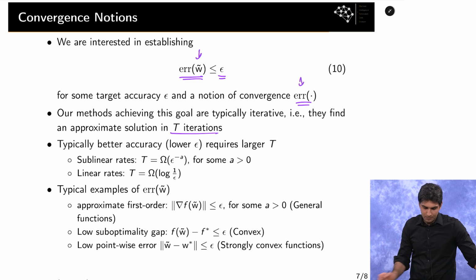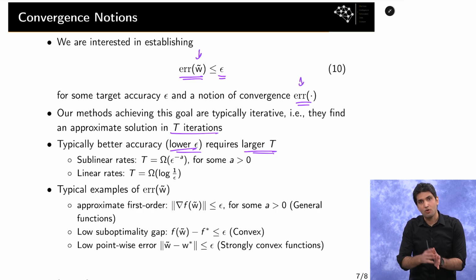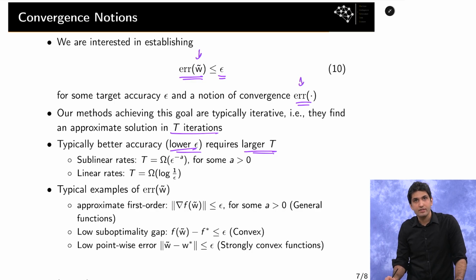Okay? Now, typically, better accuracy, meaning lower epsilon, requires you to run your algorithm for longer, for more iterations. Okay. Now, one of the goals in optimization, and also in optimization for deep learning, is to establish convergence rates, meaning provide a relation between T and epsilon according to different convergence criteria.